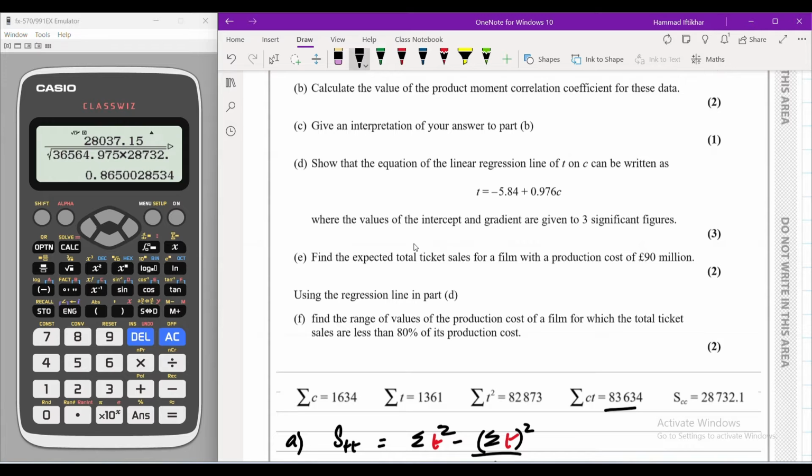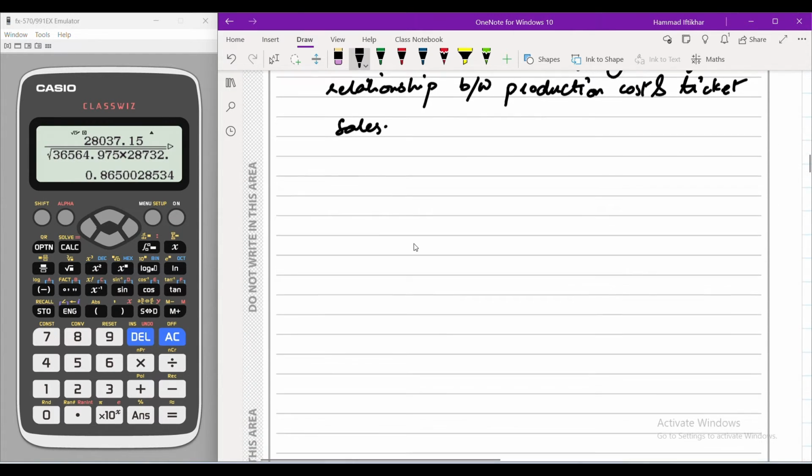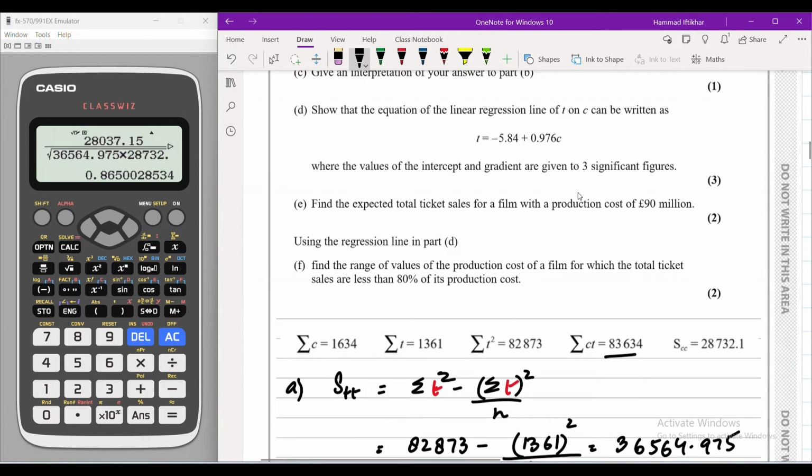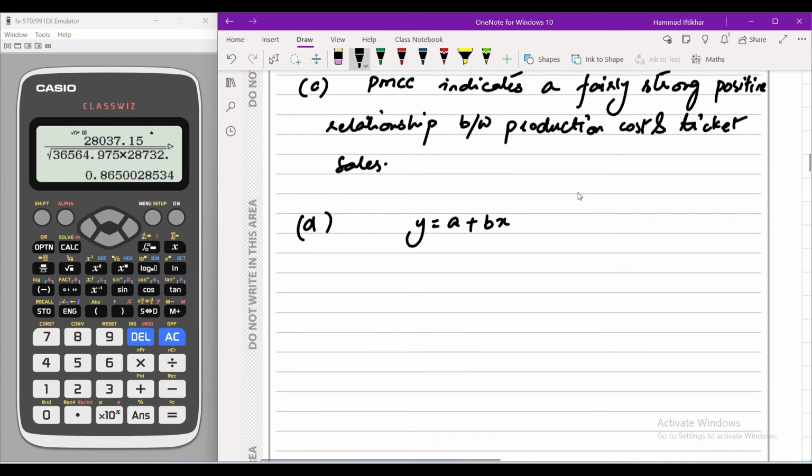Show that the equation of the linear regression line of T on C can be written as given. First we need to find the a plus bx form. This is T, this is the C. B is going to be equal to SCT divided by SCC.